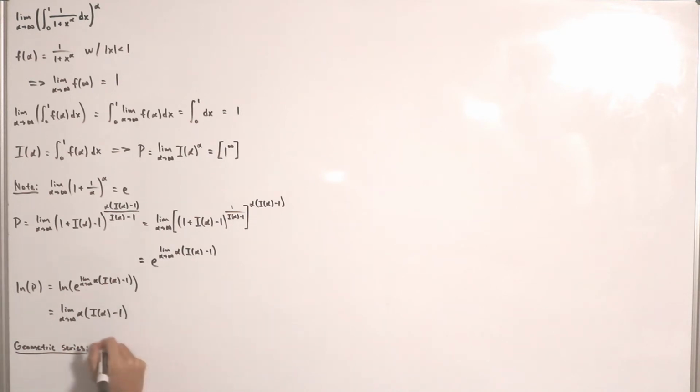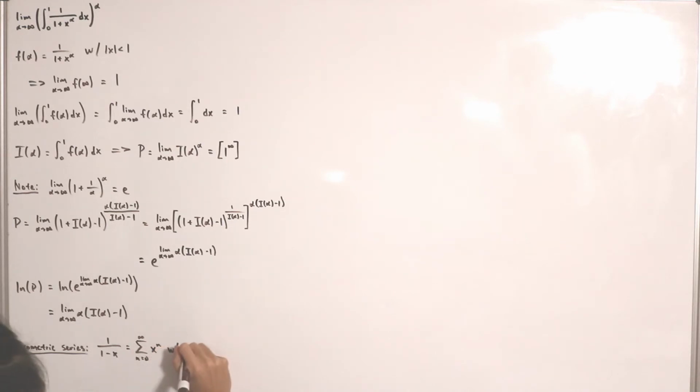It is defined as 1 divided by 1 minus x is equal to the infinite sum, with our starting index being n equals 0, of x to the power n, with the absolute value of x less than 1.